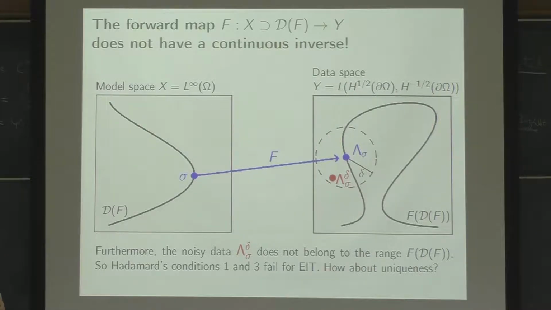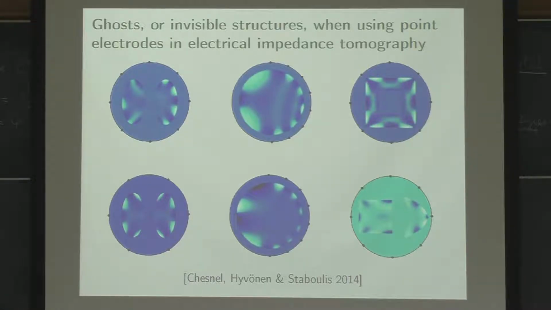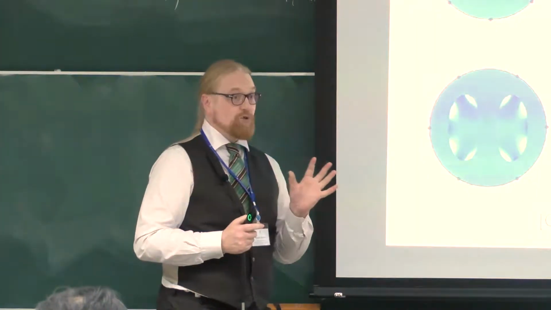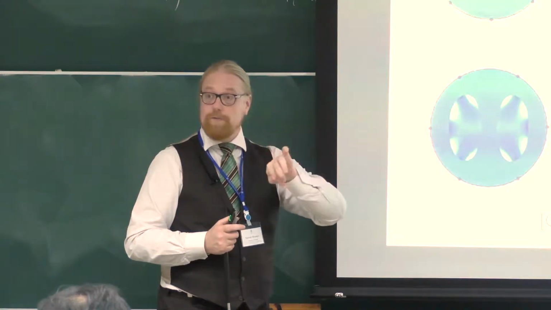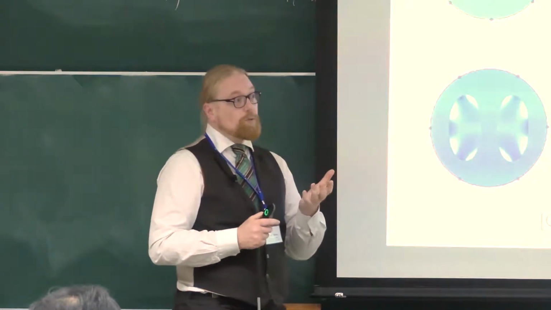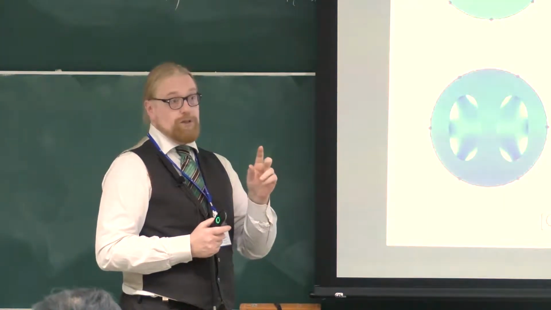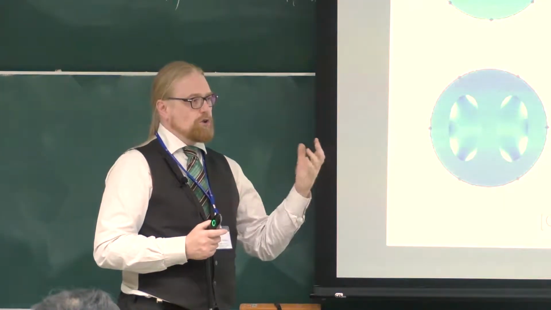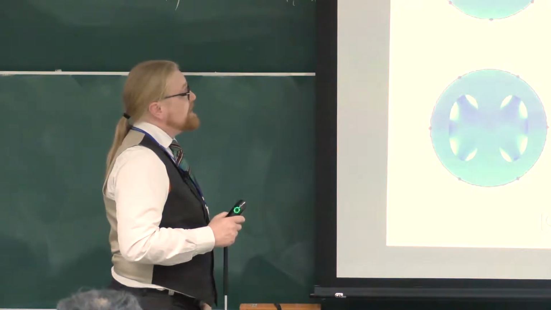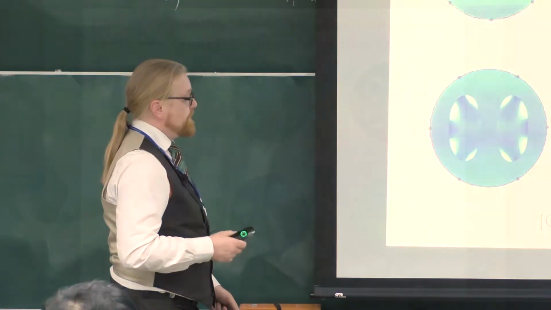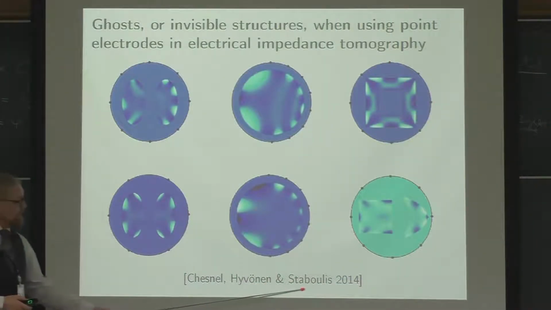But then there is also this thing that we have a finite number of electrodes. You remember I talked about the ghosts in X-ray tomography. There are functions that give a zero measurement from a finite set of directions. And I also showed that when we used the SVD in the discrete case, we saw some strange patterns on top of the object, and it gave almost the same measurements. In EIT, when we have a finite number of electrodes, this was analyzed by researchers at Aalto University in Helsinki, Finland.